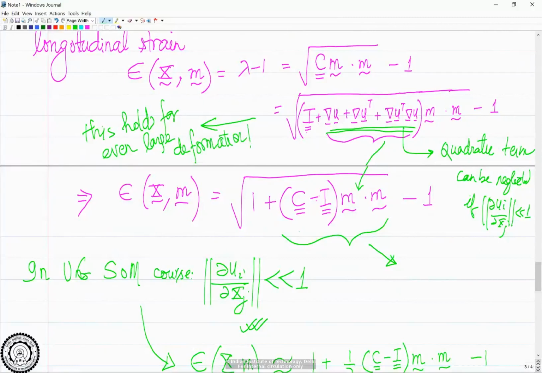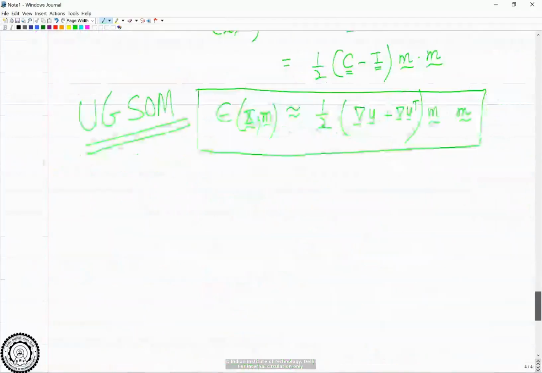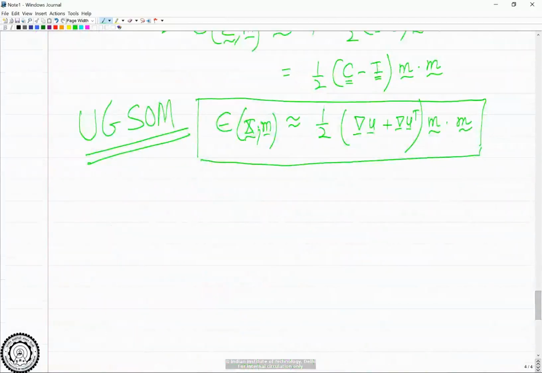And this term over here, you saw it as C minus I, no? This C minus I. So we also define what is called the Green Lagrange strain tensor.